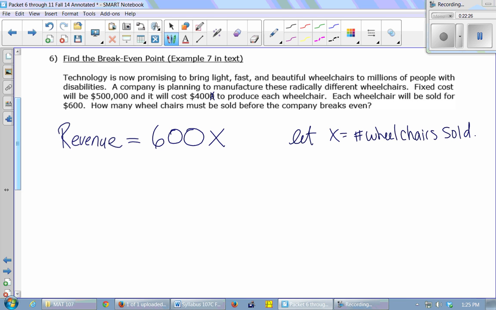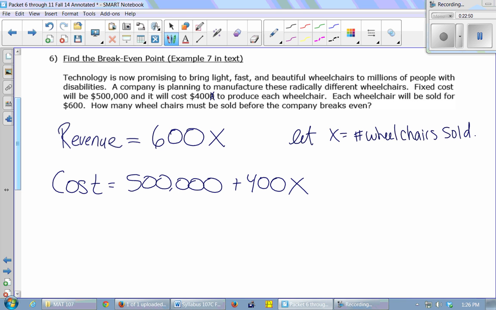All right, and what are their costs? 500,000. Just a one-time $500,000 investment, plus $400 for every wheelchair built.